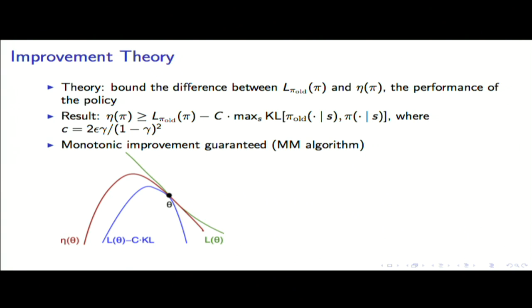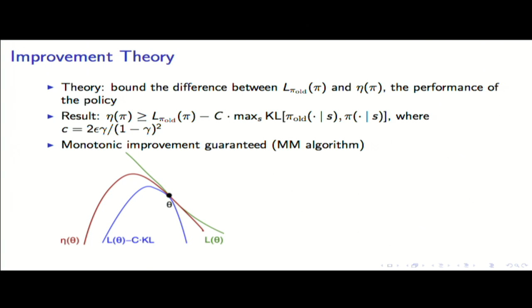The theoretical result says that this is a lower bound on the true performance of the policy eta, a pessimistic approximation to eta. That's really good, because if we optimize this pessimistic approximation, we're guaranteed to improve eta, because the blue curve matches eta at the starting point, and it's always lower than eta.